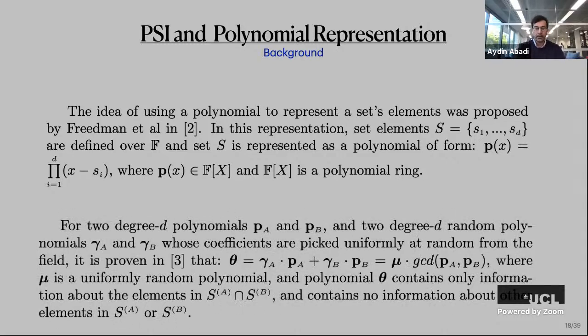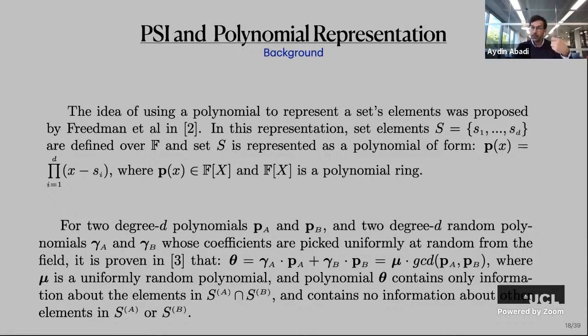Also, another observation made by Kissner later in a later paper. Kissner showed that if we have two polynomials, P_A and P_B, where each polynomial represents a set, then if we multiply each polynomial by a random polynomial and sum the results, here in this slide, phi is the result.